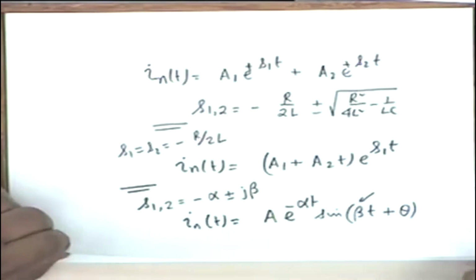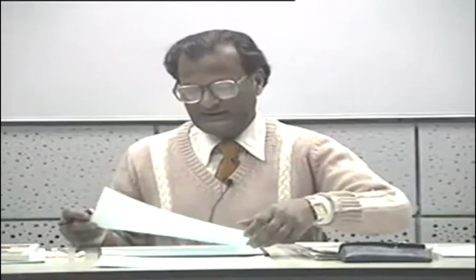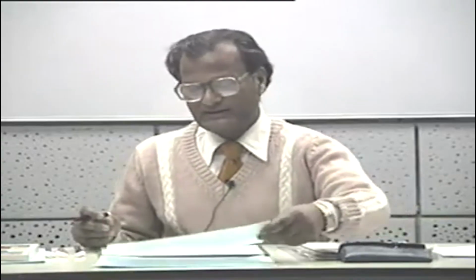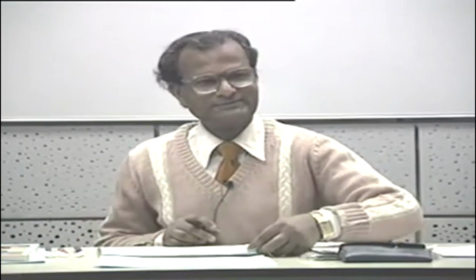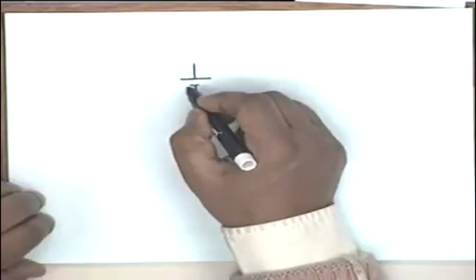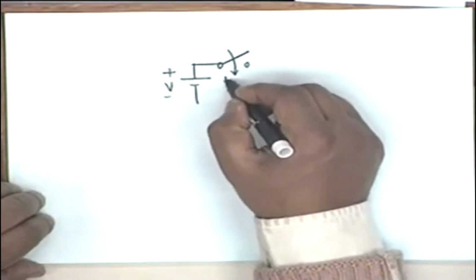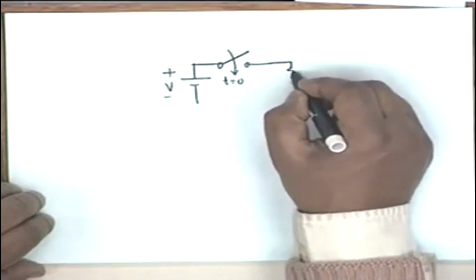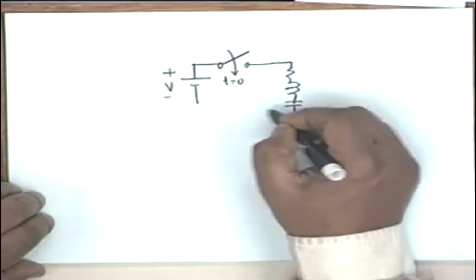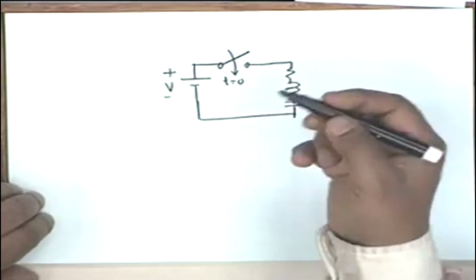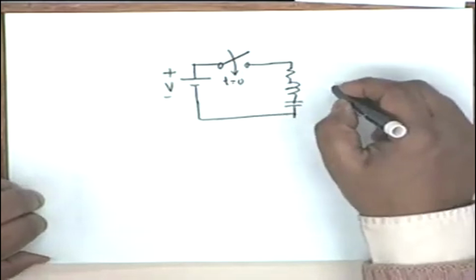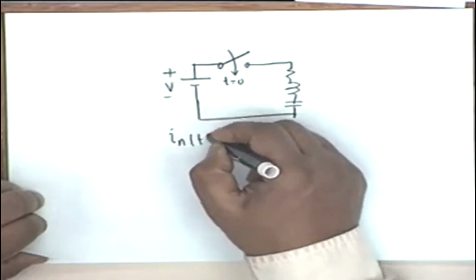All right. Now, if you go back to the circuit, what was the circuit? The circuit was that I had a battery of voltage V switched on at t equal to 0 to this circuit R, L and C. And we have found out the natural response I N of t.